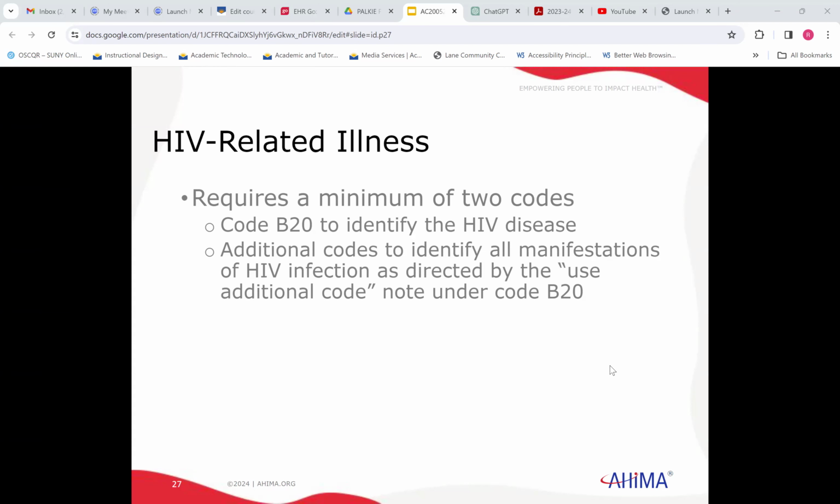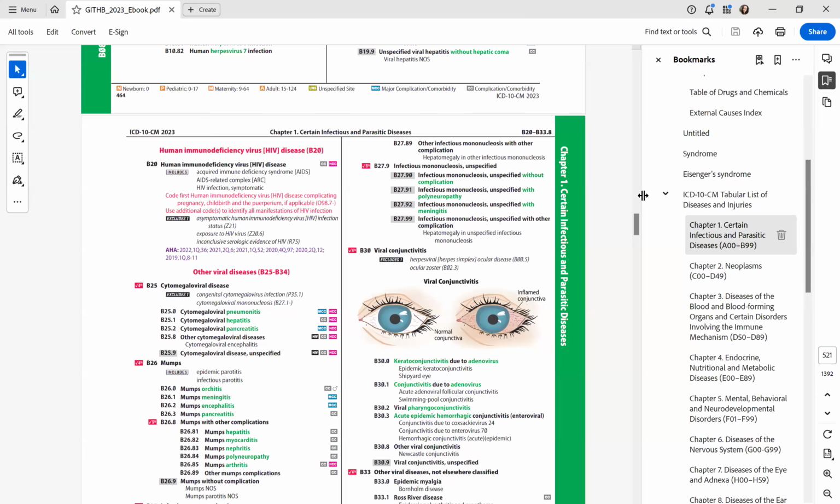And you can see this in the tabular. Let's take a quick look. Here we see HIV. What does it include? Acquired immune deficiency syndrome, AIDS-related complex, and symptomatic HIV.